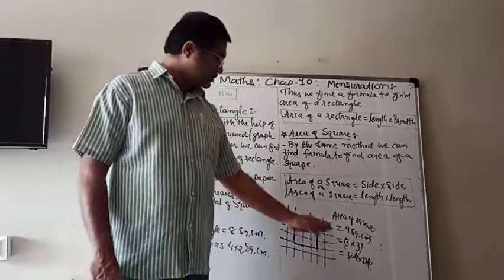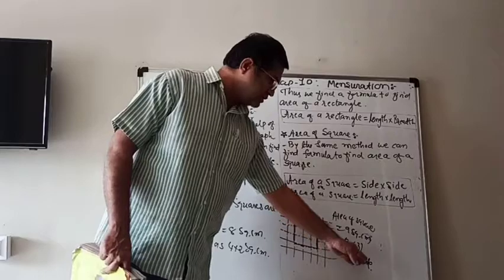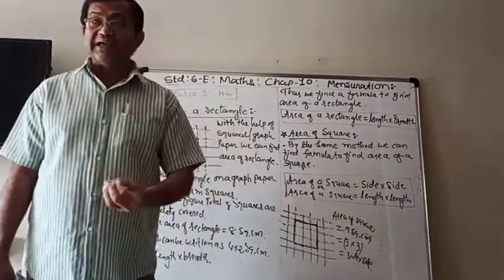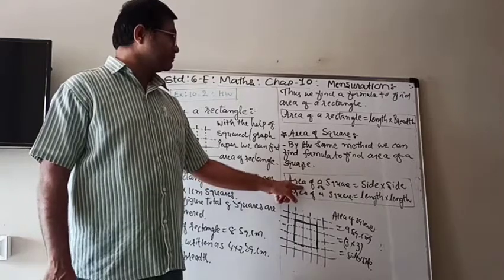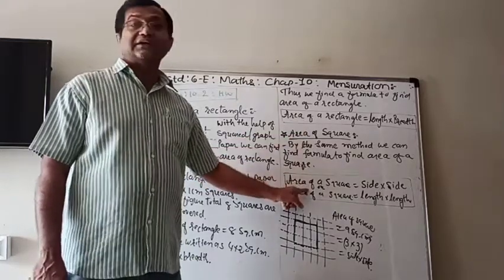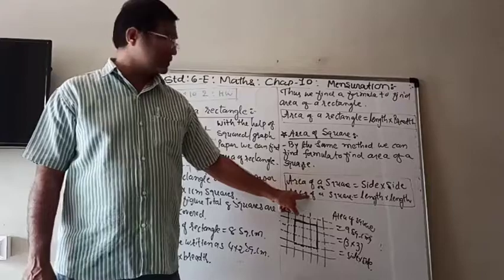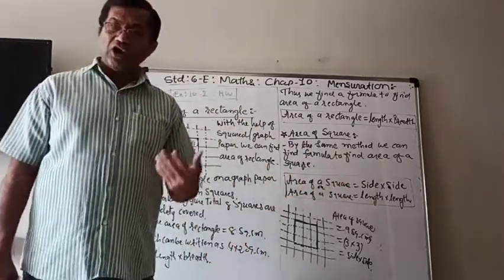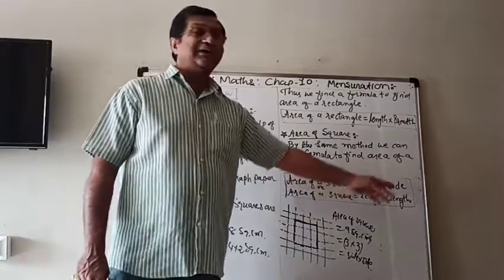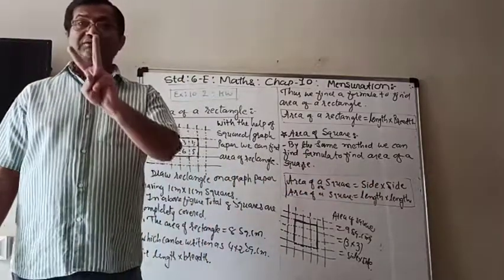That is the side. It means it is side multiplied by side, or length multiplied by length. So we get another formula for the square. That was rectangle. Now we get the other formula, that is for the square. Area of a square is equal to side multiplied by side, or you can write it as length multiplied by length.